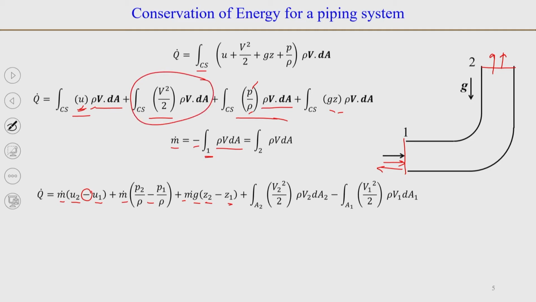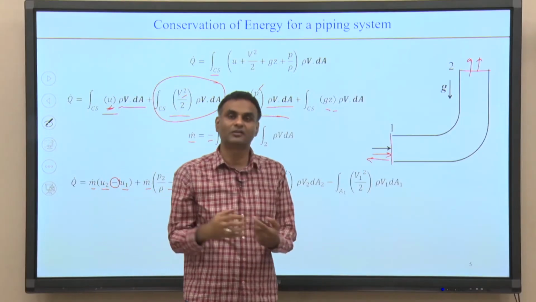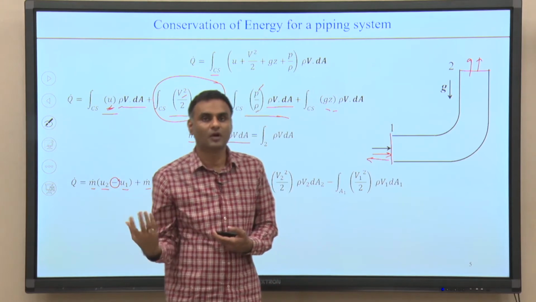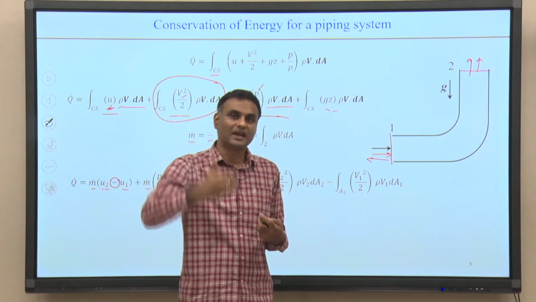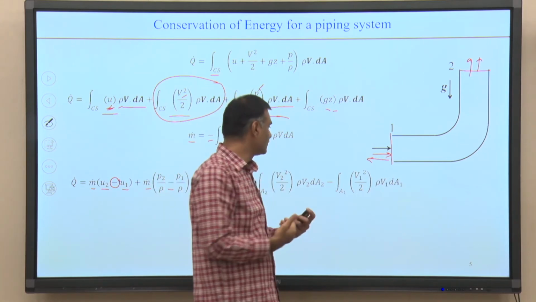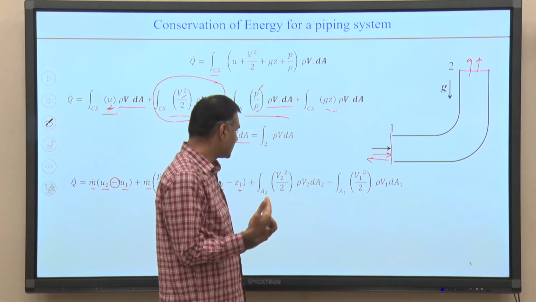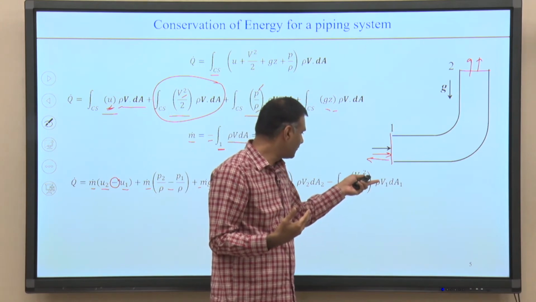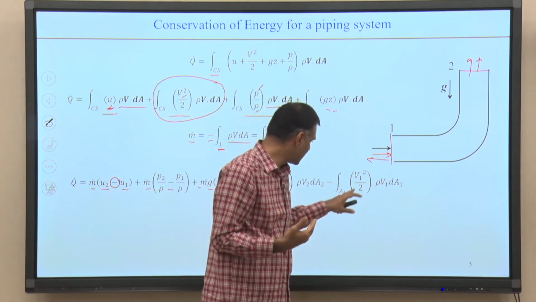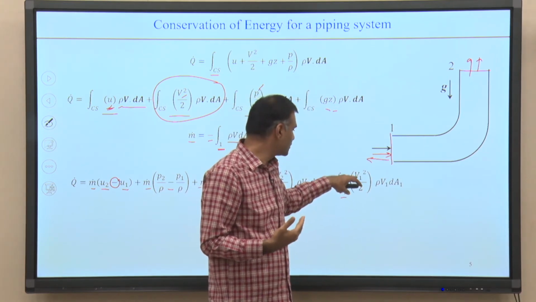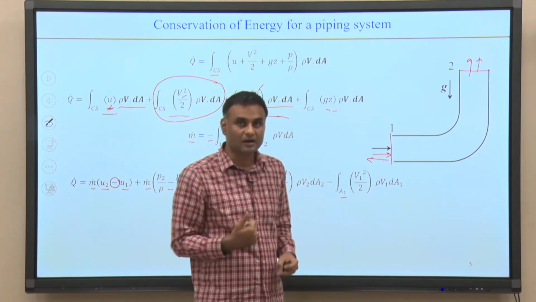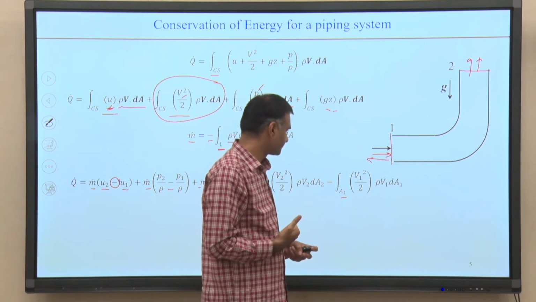Because it has V inside it, and we know that the velocity is not uniform inside a pipe, we will have the velocity varying across the cross section. So, we are still having this inside the integral sign, because it varies across the area.